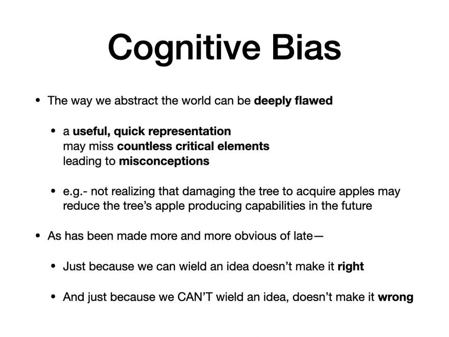That's been made more and more clear on the global stage lately. Just keep this in mind. You could do an entire class on cognitive bias, and one day I might. But just because we can wield an idea doesn't make it right. And just because we can't wield an idea doesn't make it wrong.